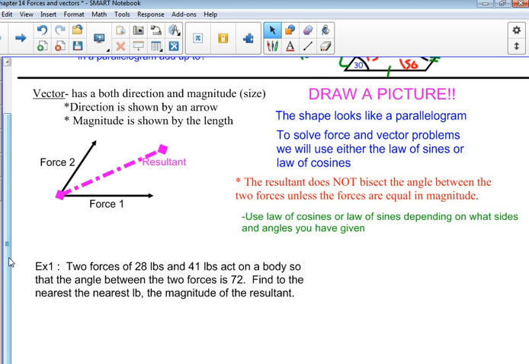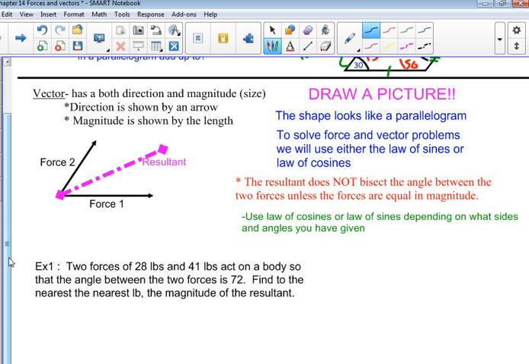Now, if there were two equal forces, it gets a little different, we have an extra thing, but usually they're not equal. We just know that when you guys draw them, you're going to have two forces.